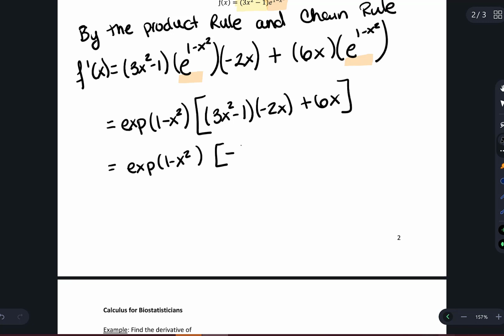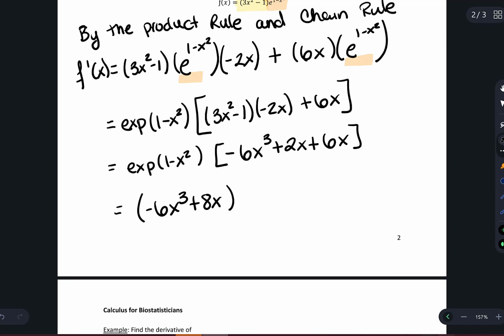I'm going to have negative 6x cubed plus 2x plus 6x. Notice that 2x and 6x are going to add together, and I want to pull them in front of the exponent function. So I'm going to end up here with negative 6x cubed plus 8x multiplied by e to the 1 minus x squared.